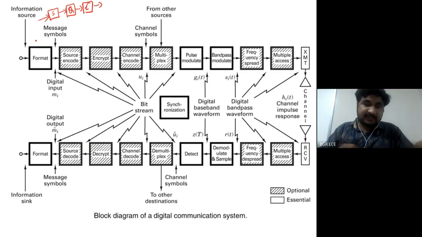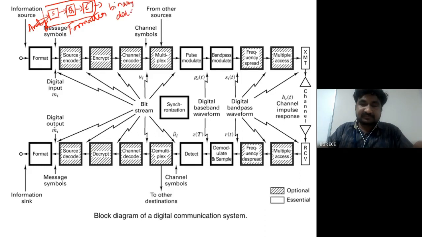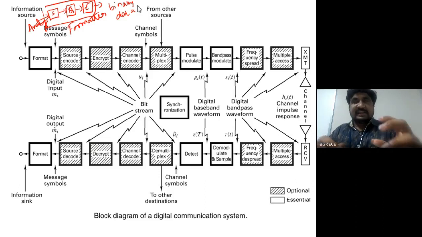The input of this formatter is the analog signal, and the output of the formatter is binary data. The kind of technique used in the formatter is called waveform encoding techniques.